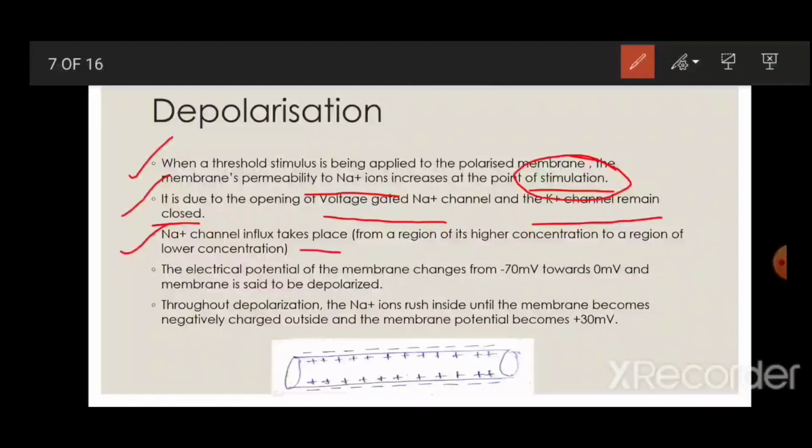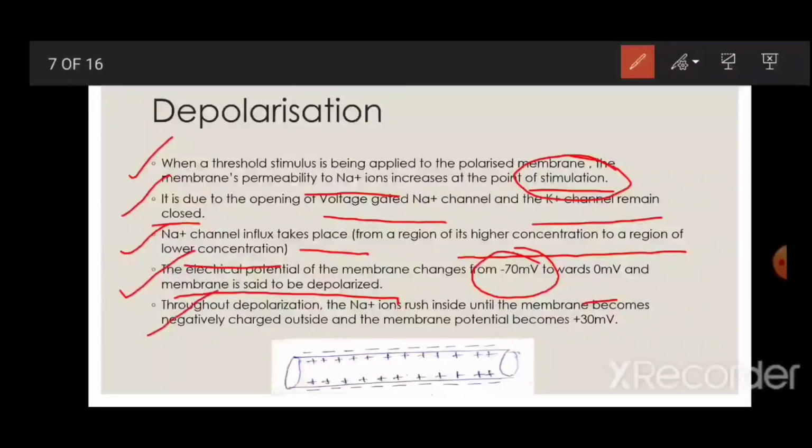Sodium influx takes place from a region of higher concentration to a region of lower concentration. The electrical potential of the membrane changes from minus 70 millivolts towards 0 millivolt, meaning the potential is going towards the positive side, and the membrane is said to be depolarized.